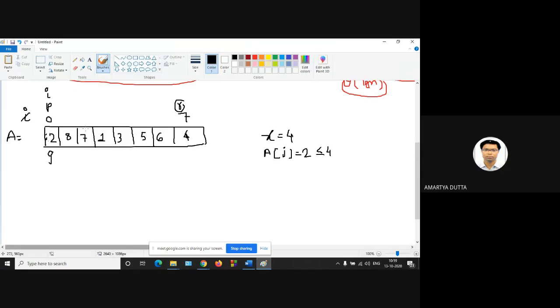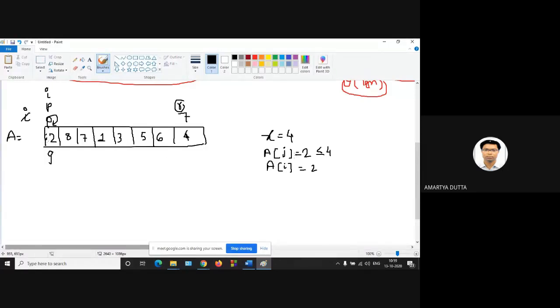Now exchange A of I with A of J. What is the value of A of I? A of I and A of J will both be 2 only, because I and J are at the same position. So 2 is exchanged with itself. Is it clear?